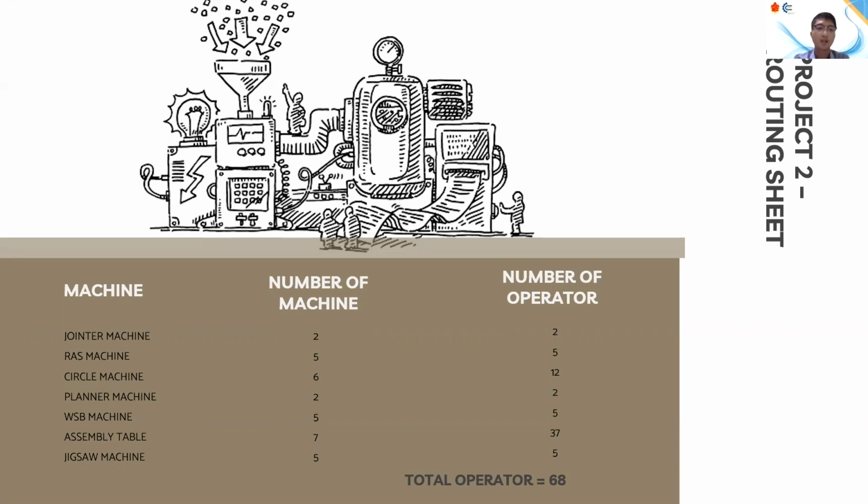The machines that we need are two jointer machines with two operators, five router machines with five operators, six circle machines with 12 operators, two planer machines with two operators, five WSP machines with five operators, seven assembly tables with 37 operators, and five jigsaw machines with five operators. The total number of operators is 68.